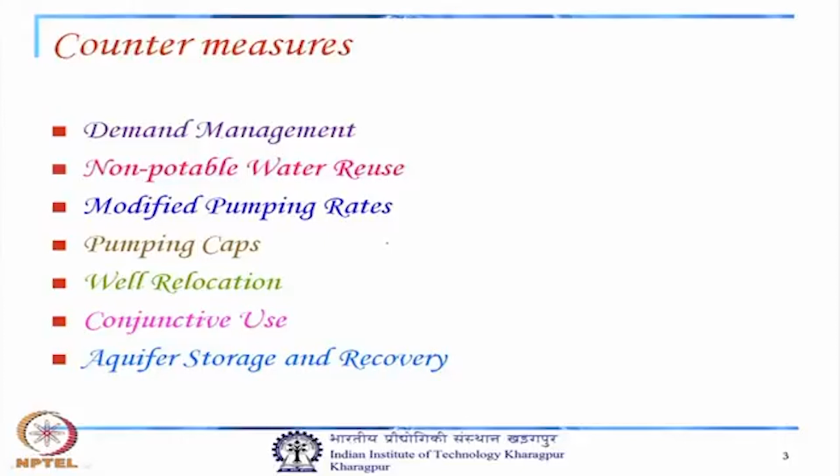And the first one and the last one is aquifer storage and recovery. Aquifer storage and recovery is the most important one, because we can store water in certain aquifers and extract that water in future.